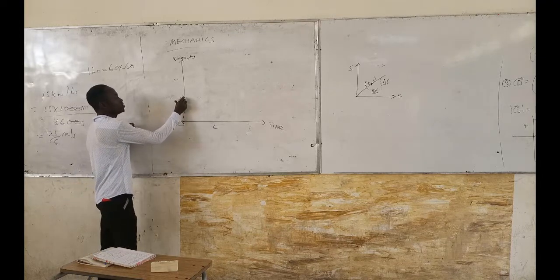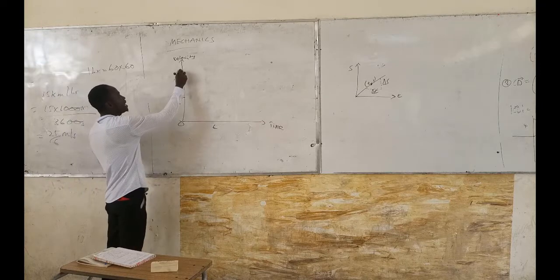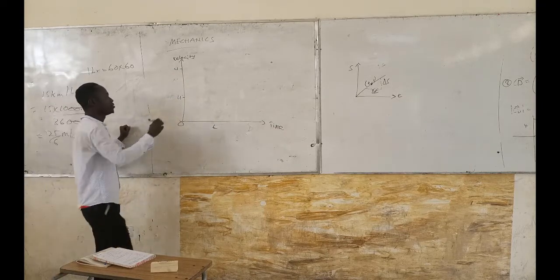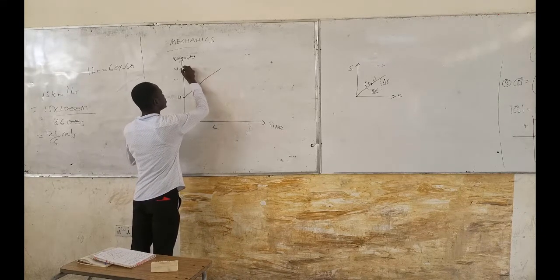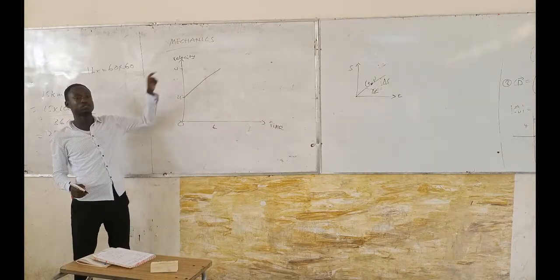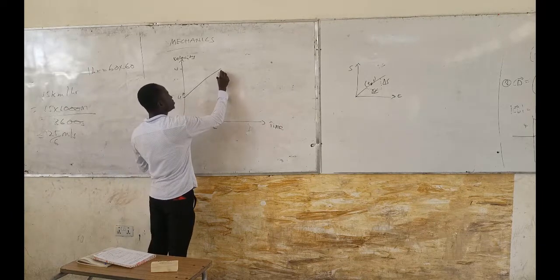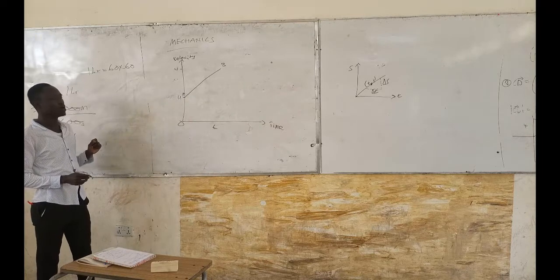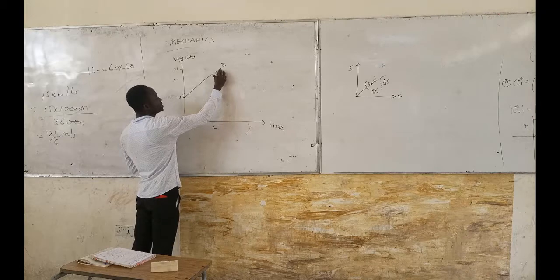Maybe its initial velocity is here, and then final velocity v. Let's assume this is the movement, started from here and now to that level. So let's name here A and then B. Now, we find the gradient of this.